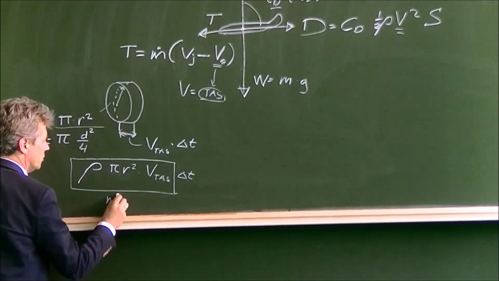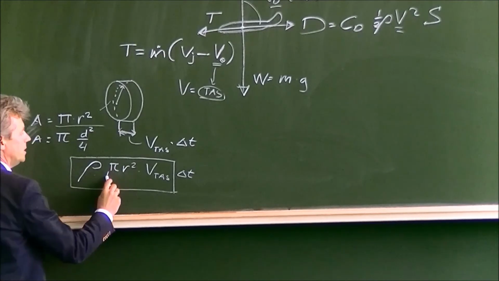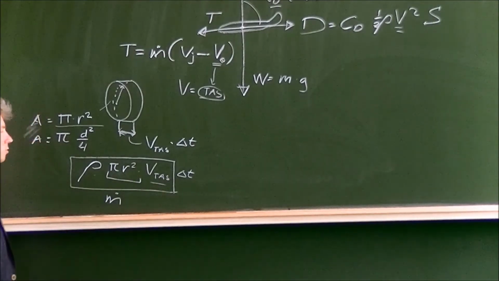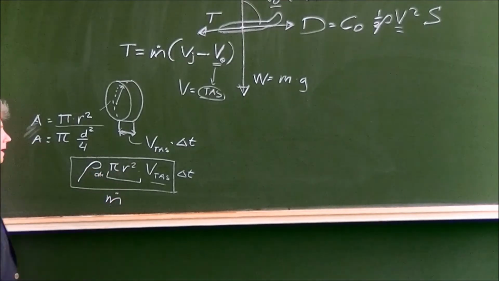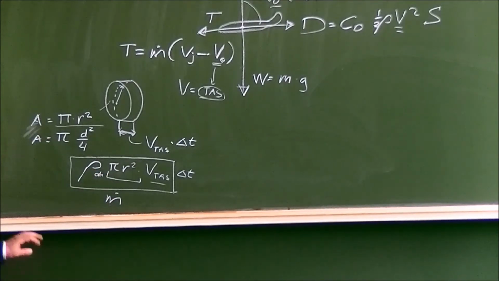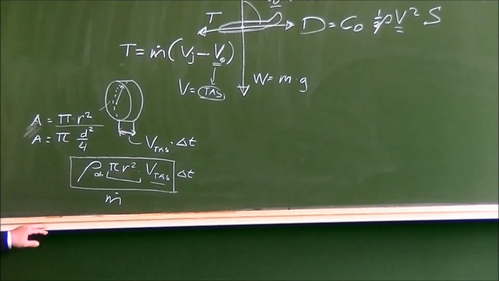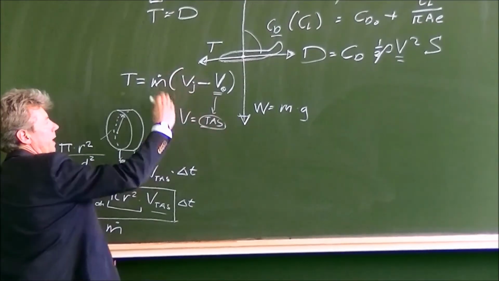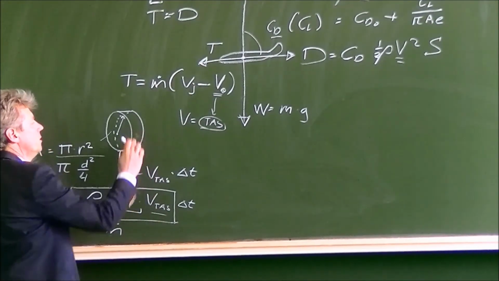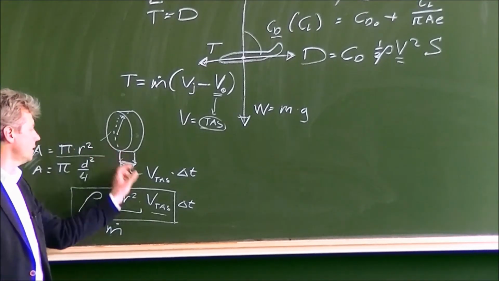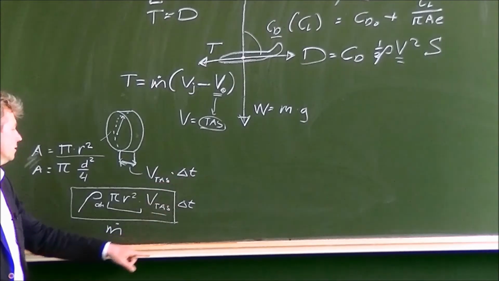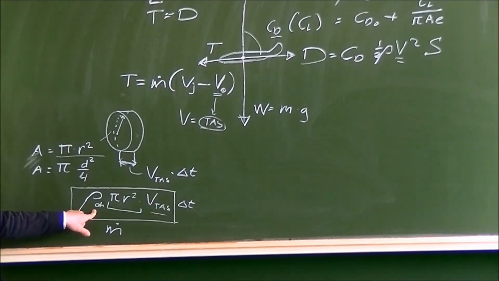Rho times the area of the inlet times the true airspeed, and this is the atmospheric rho, is another way to find the mass flow for an engine, which we can then use in our equation for thrust. So this was the first hint I wanted to give you. Except for how it all ties together, another way to calculate the mass flow is using the area of the inlet, and for the thickness we use the speed, because we want to look at only 1 second, multiply it by the density of the atmosphere, and you will find the mass flow.